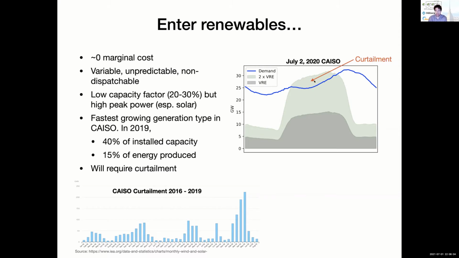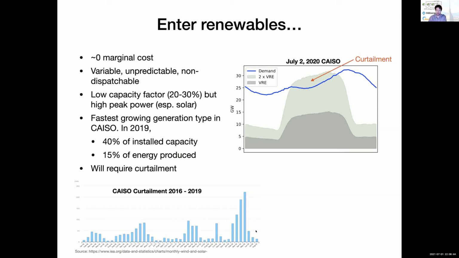And we can see that while it's not enough to meet demand most times during the middle of the day, there's this period of time where there's an excess of renewable energy to meet the given demand, and this needs to be curtailed. So even though we're not quite at the story shown in this figure on the right, on the bottom, this is the actual curtailment in the last couple of years in CAISO, which is happening due to network constraints and other congestion that's causing curtailment at certain nodes, sometimes quite significantly.